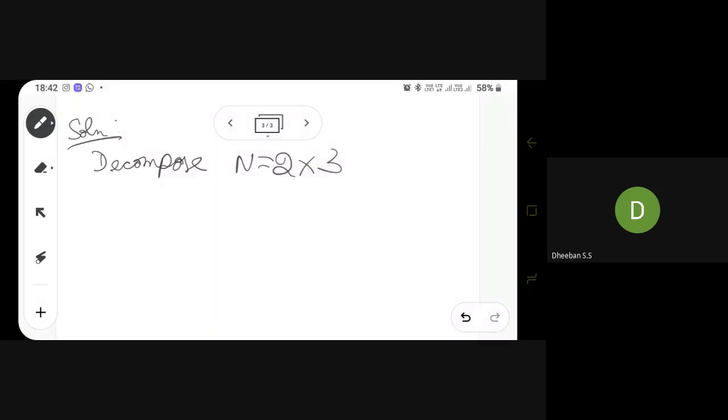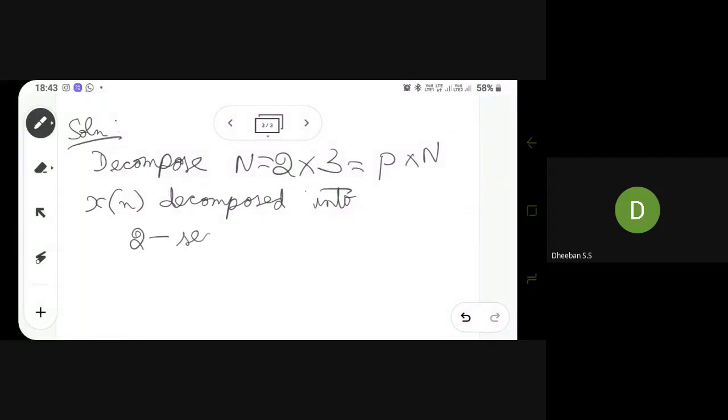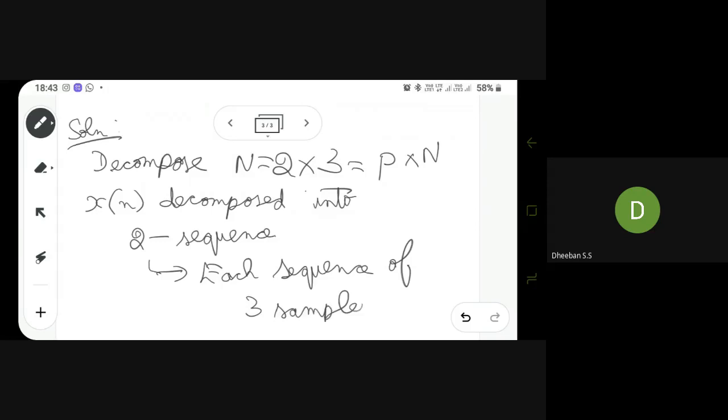This refers to P comma Q into N. That is, your x of n will be decomposed into two sequences, with each sequence of three samples. That is what your 2 cross 3 implies.